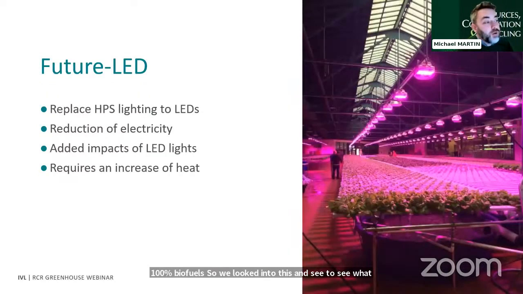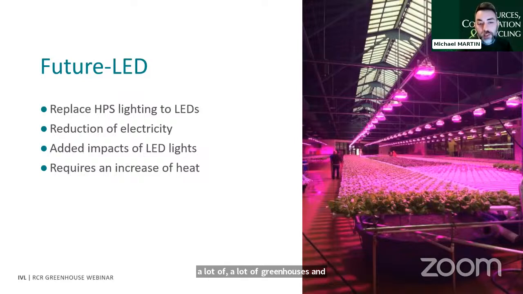And then we also looked into the possibility, because right now they use high pressure sodium lighting, and a lot of greenhouses and vertical farms are using LED lights. So they wanted to see what would happen if we switched to LED lights. That would basically incur a reduction of electricity. You would need to add some infrastructure for the LEDs, but it would also require a bit more heat.